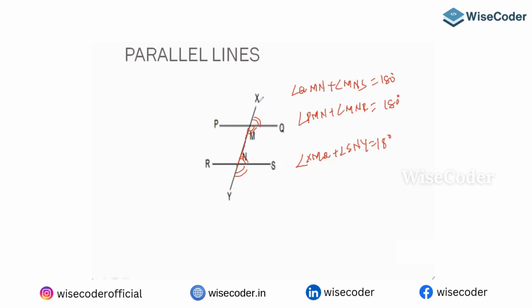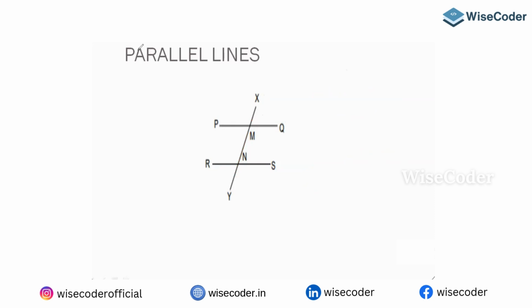Sorry, SMQ. Yes, exactly, 180 degrees. And the other one is angle XMP plus angle RNY, which is also 180 degrees. So these are your alternate angles, corresponding angles, interior angles, and exterior angles.